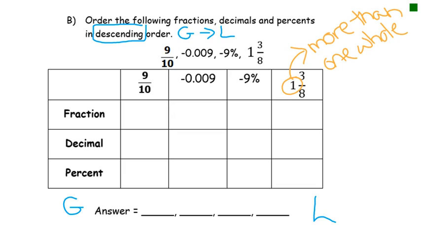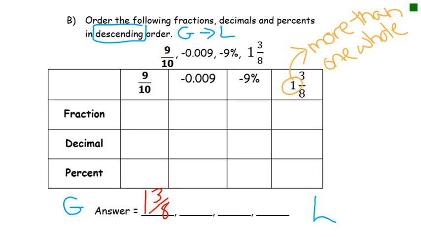I will practice with you how to convert to make sure you are comfortable with that. Because again, these little tricks about which is more than a whole or which is negative, whether they're super helpful depends on what your other values are. In this case, the fact that this is the only one that's more than a whole can help you list it. So 1 3/8 is going to be my first value listed because it's the greatest.